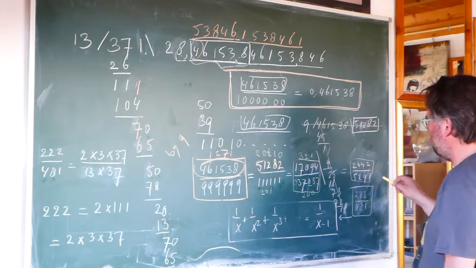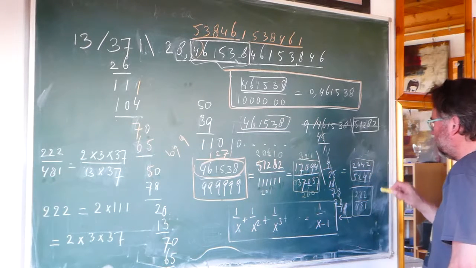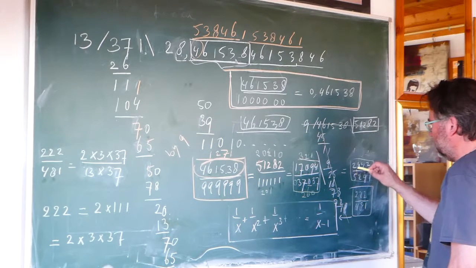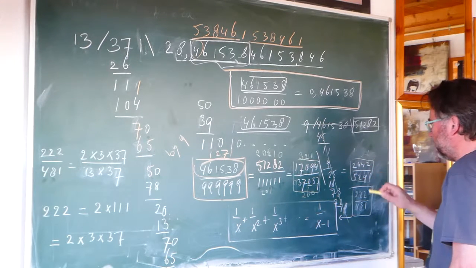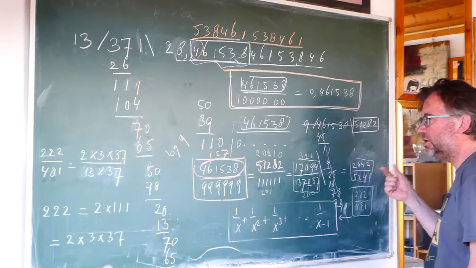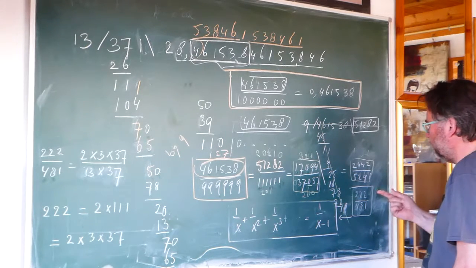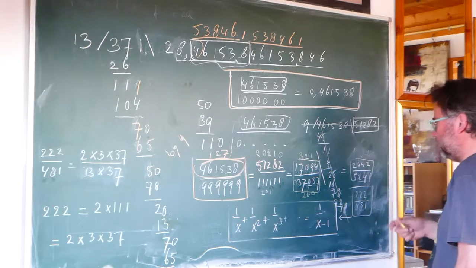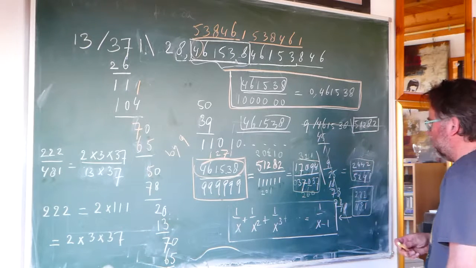So this quotient here is a quotient of 2 integers, and the numerator and denominator are not simultaneously divisible by 2, 3, 5, 7. What's the next prime number? 7, 8, 9, 10, 11.